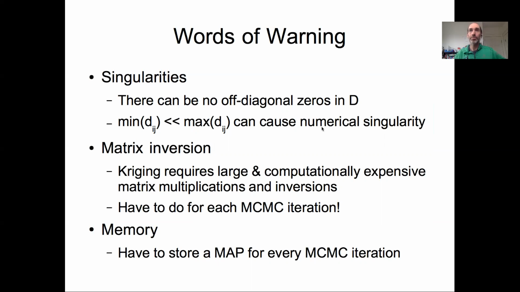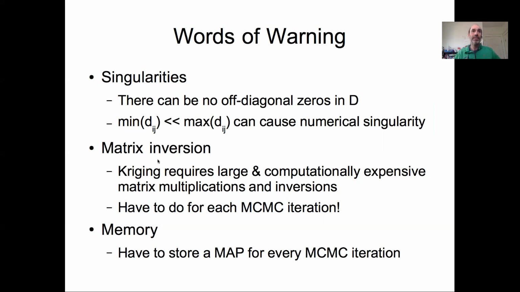This causes what are called numerical singularities, where we can't invert the distance matrix without round off errors causing things to go to 0, or without loss of numerical precision, such that you get really funky results, or most often you just have your code failing because you've proposed a spatial covariance matrix that can't be inverted. Cool. So that's one thing to watch out for.